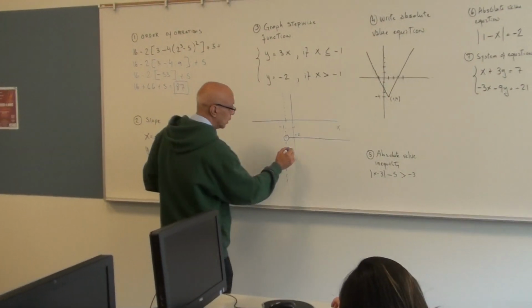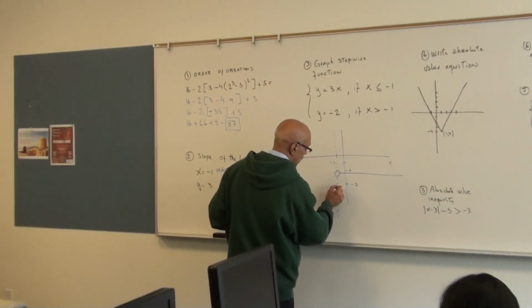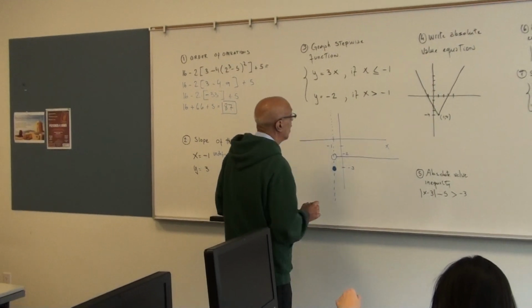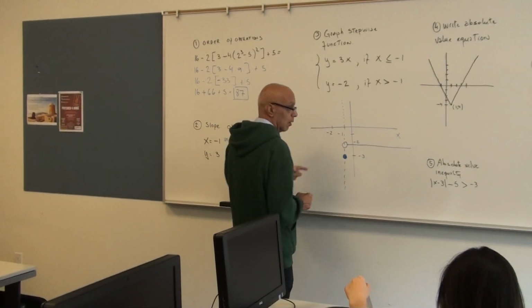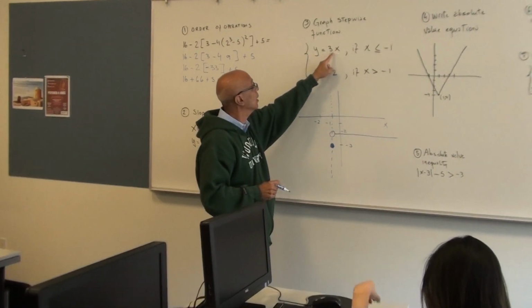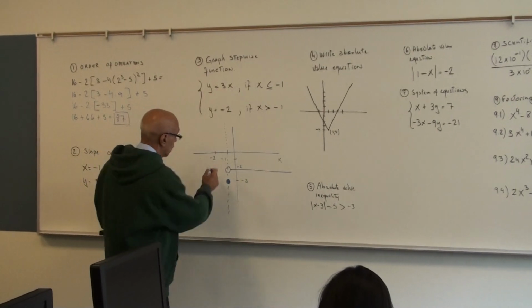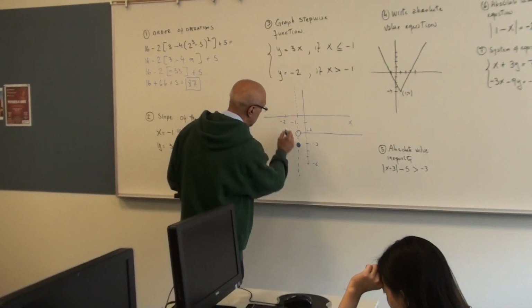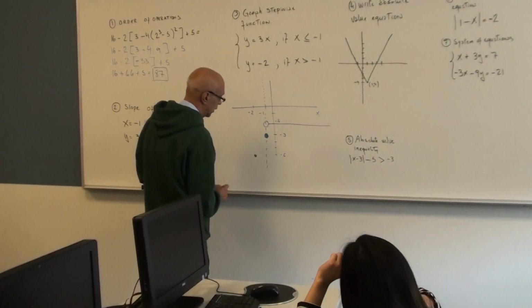So that point starts right here, -3, okay? It's a solid point here, so I make it solid. When x is -2, if I plug in here, 3 times -2 is going to be -6. So -4, -5, -6 is here, so I have another point at -6.